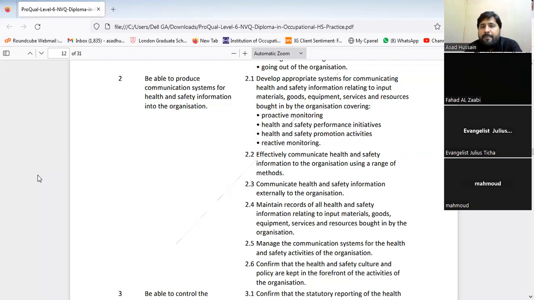So basically, you need different types of means of communication to discuss here, but you should remember that whatever evidences you provide should cover both proactive and reactive monitoring. Okay. Any question on it?